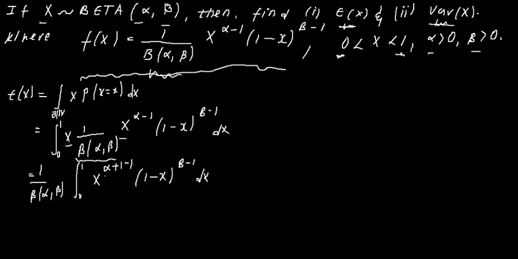One thing that we need to know so far is that this is the gamma function. So the beta function can be written in this form: gamma of alpha, gamma of beta, over gamma of the sum of both, alpha plus beta.